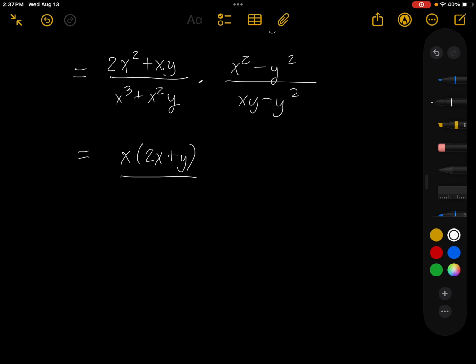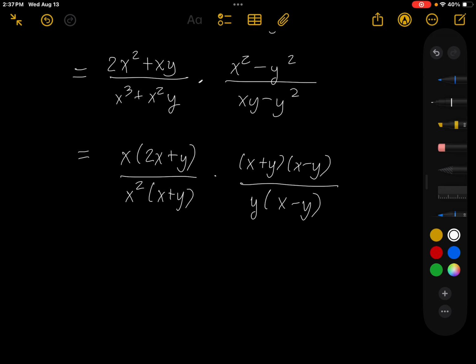And then on the bottom, I'm going to factor out x squared, and then I get x plus y. This x squared minus y squared, how do I factor that? That's x plus y times x minus y. The difference of squares. On the bottom, can I factor that? What can I factor out? I can factor out the y, and I'm going to get x minus y.